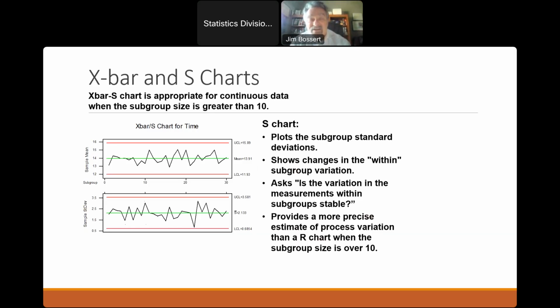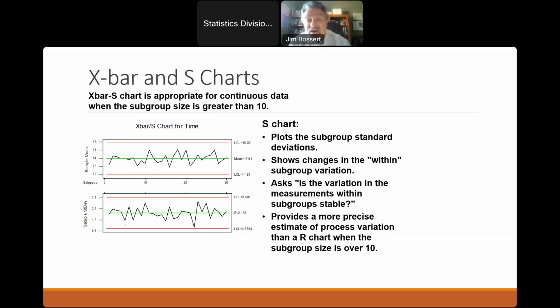All it is looking at is standard deviations. You're looking at the S chart and asking, is the measurement within the subgroup stable? And if it is, then it'll calculate the limits.